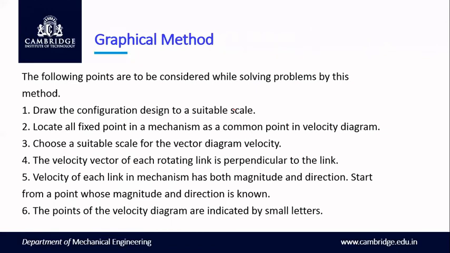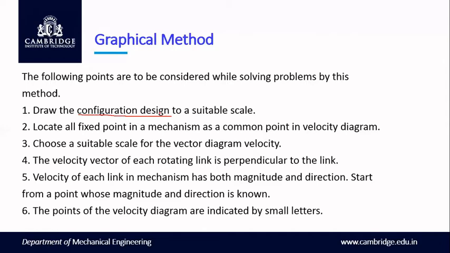Let us have some instructions related to the graphical method. The below points are to be considered while solving problems using the graphical method. We need to draw the configuration diagram to a suitable scale. In previous slides I explained what a configuration diagram is.